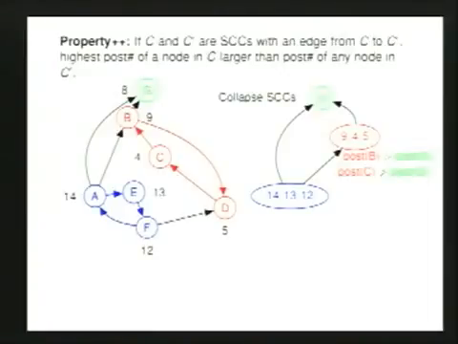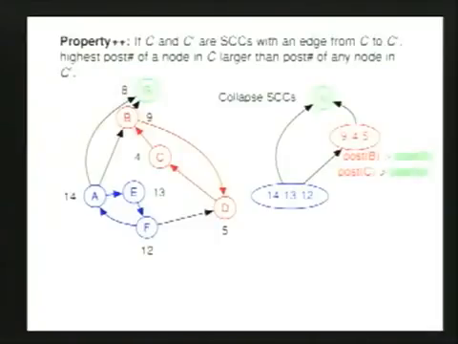What the condition does not say is that every node in the red set has higher post order than every node in the green set. That's not even true. Post of C is not higher than post of G. So this property says something, but it's a little bit subtle to parse.